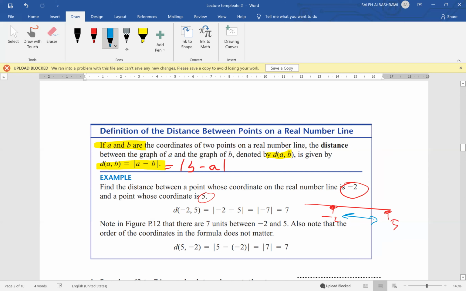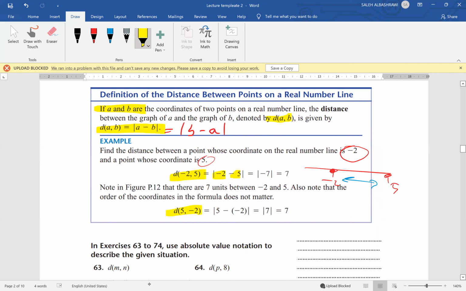So the distance is the absolute value of minus 2 minus 5, which is equal to the absolute value of minus 7, which is equal to 7. Same thing if we reverse: the distance is the absolute value of 5 minus minus 2, which is the absolute value of 7, which is equal to 7. So the distance between two points will be the absolute value of A minus B or B minus A.